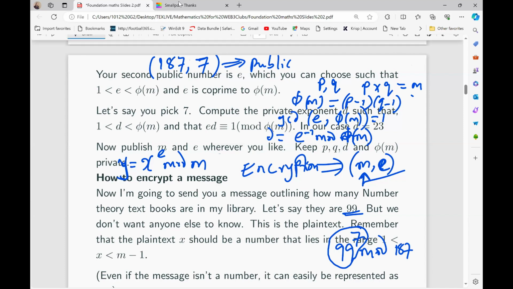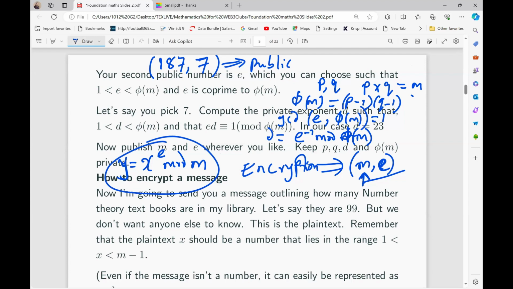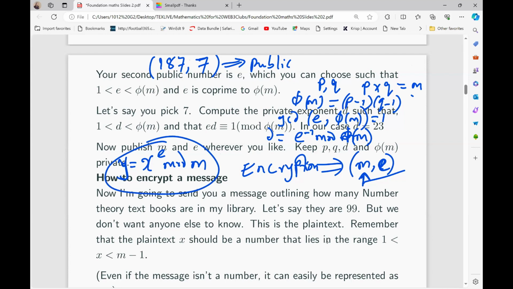Now, when you get that message, you're supposed to decrypt it. How do you decrypt it? To decrypt, you take the message I sent to you, and you remained with some private key, the D here, and you have this M. So this is the key for decryption.